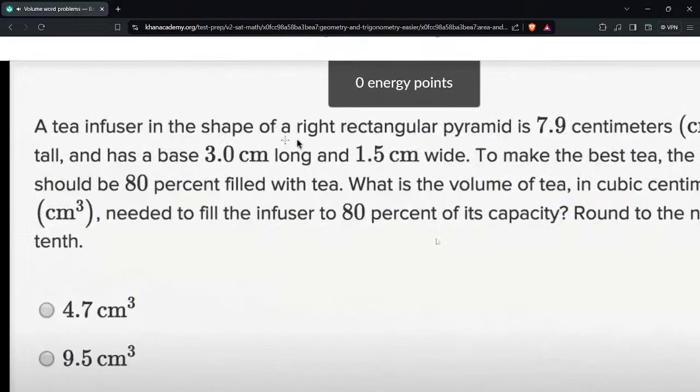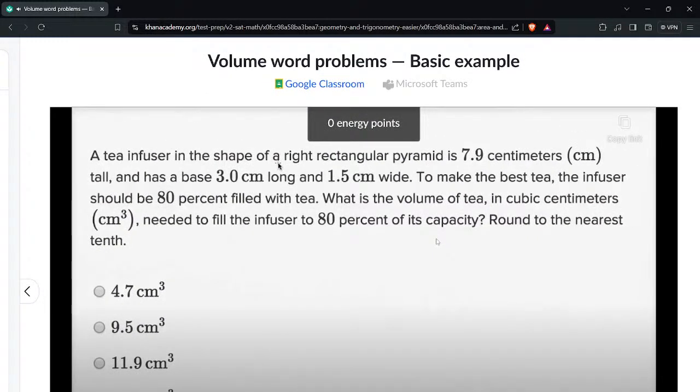A tea infuser in the shape of a right rectangular pyramid. We have the volume of a right rectangular pyramid, so it's one-third times 7.9 times 3 times 1.5, right?